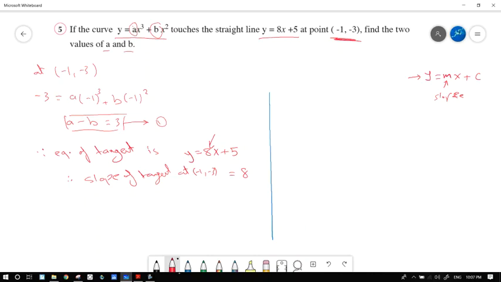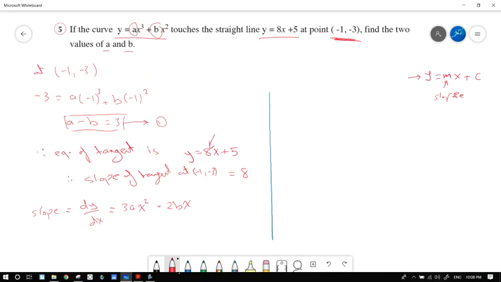Can I find the slope of the tangent at this point by another method? Yes, actually yes. We can find it using the first derivative of the function. If I find the first derivative, the slope of the tangent will be equal to dy by dx, as we know. So it will be 3ax^2 plus 2bx. This is the first derivative of the given function of the curve.